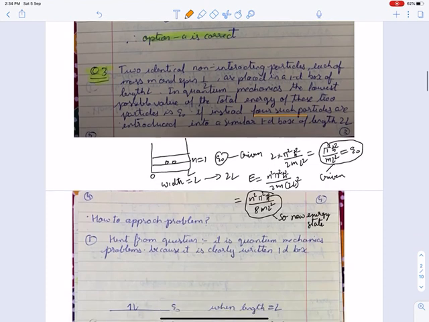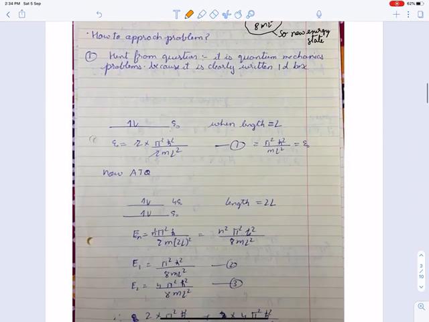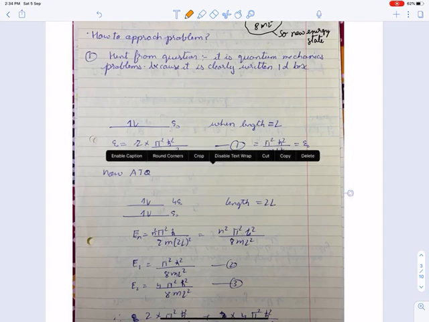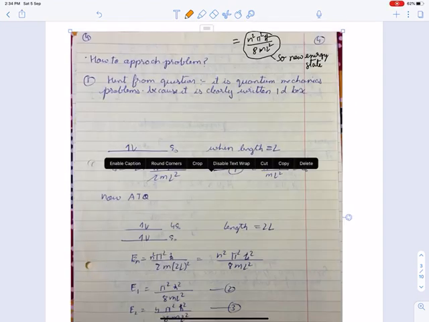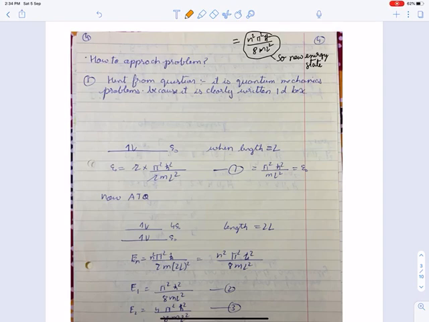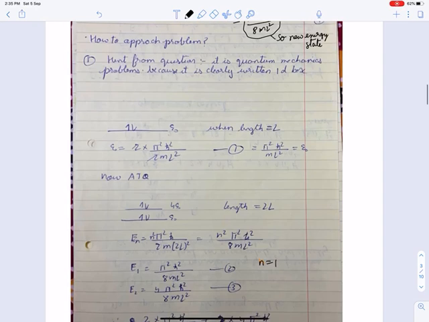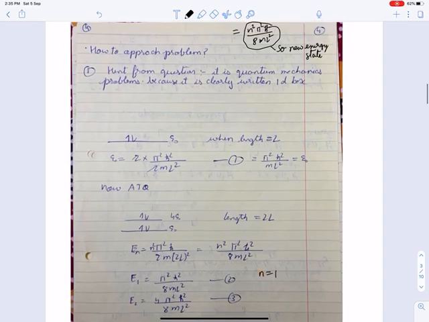So En is equal to n square pi square h cut square upon 8mL square.